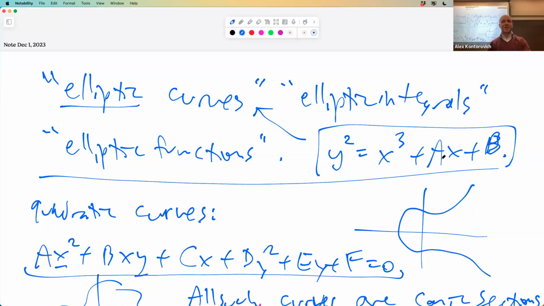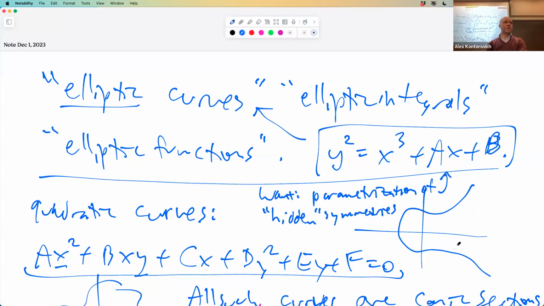So let me write these down. We want a parametrization of this curve, and that parametrization, it turns out, will have a periodicity and hidden symmetries. Just like cosh had a hidden symmetry, right? It's not symmetric on the reals, but extended to the complexes, it has the symmetry.